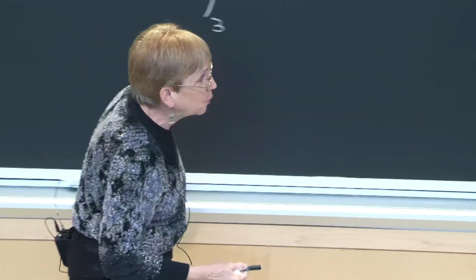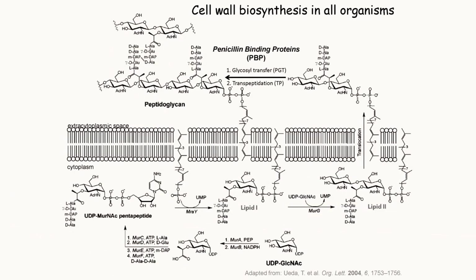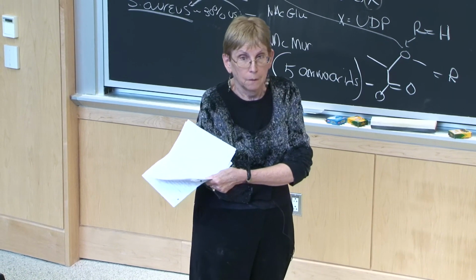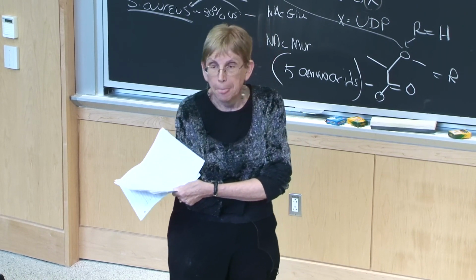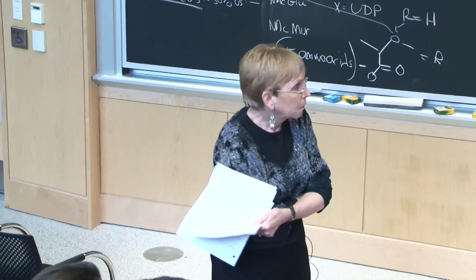Now, how would you attach amino acids, form amide linkages to this lactic acid? You've now had a lot of biochemistry where you've dealt with amino acids in the first half of this course. Can anybody tell me? What would you do to make that attachment? You activate the carboxylate.